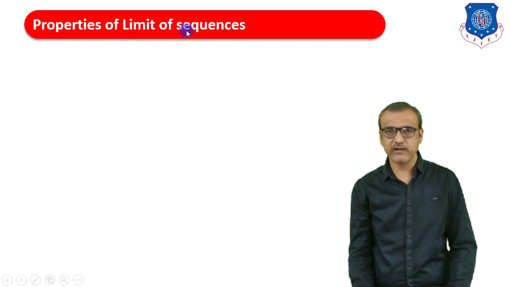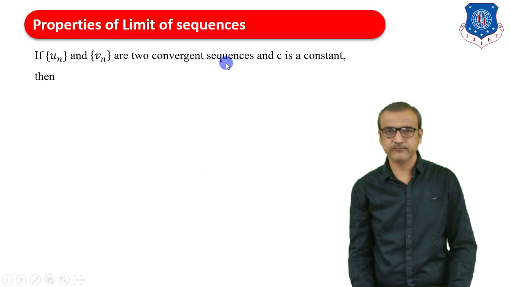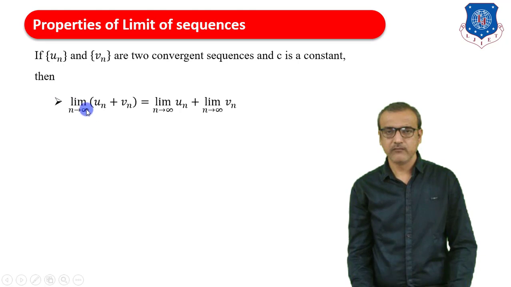Now we have properties of limit of sequences. If un and vn are two convergent sequences and c is a constant, then limit n tends to infinite of (un plus vn) equals limit n tends to infinite un plus limit n tends to infinite vn.